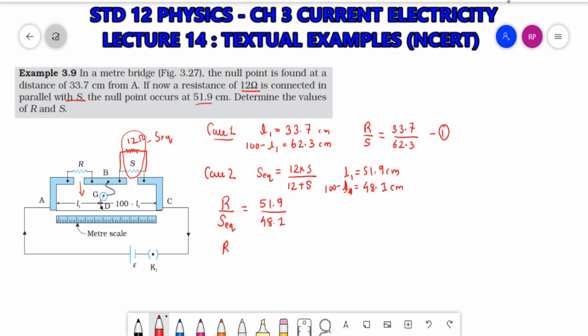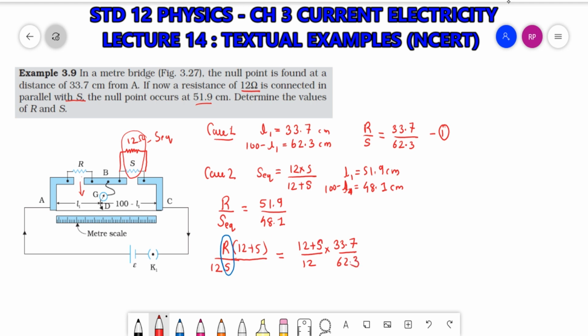So putting the value of S equivalent, 12S upon 12 plus S. If we see here, this is R by S, so instead of that, I can use 12 plus S upon 12. Instead of R by S, I will use this value, 33.7 upon 62.3.